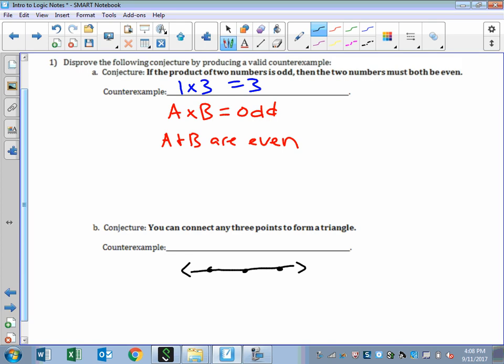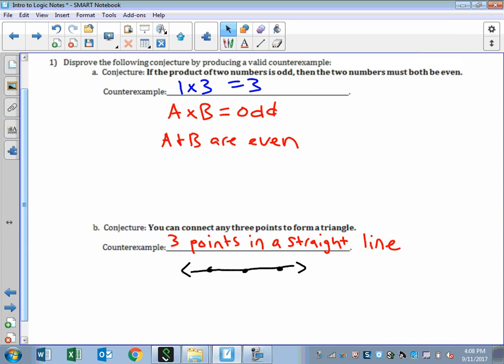So 3 points in a straight line. So that's how you disprove, give counterexamples for conjectures.